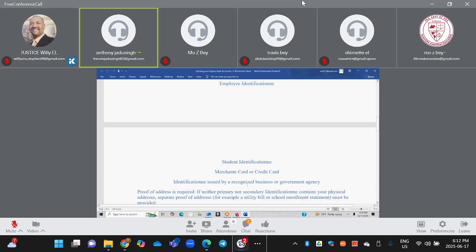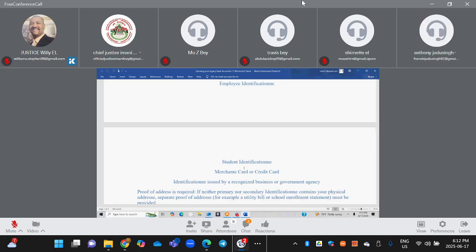Islam, I use my Moorish national identification card along with the birth certificate. That'll work as well. Now, is this the new birth certificate, or was it the restated document, the 031 or something like that?